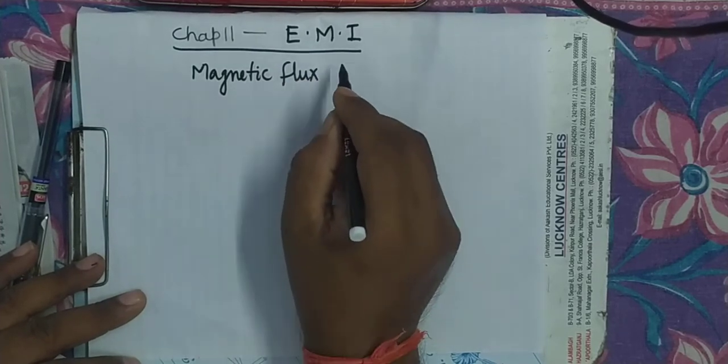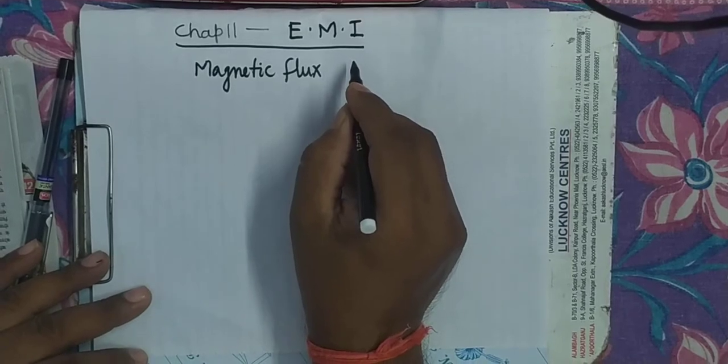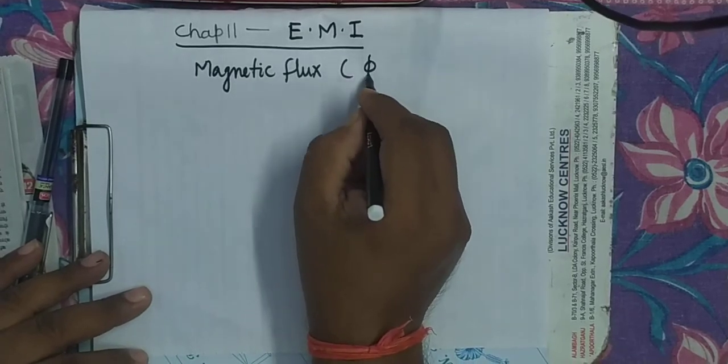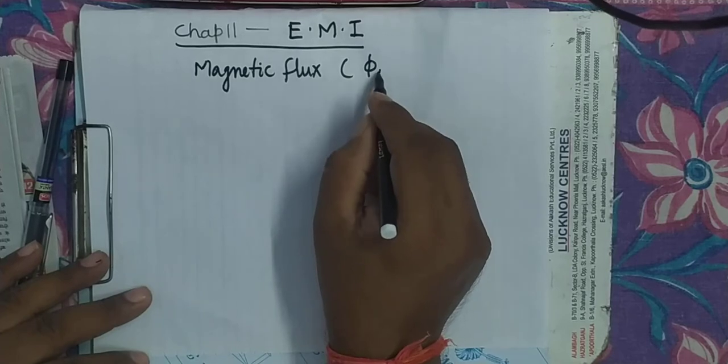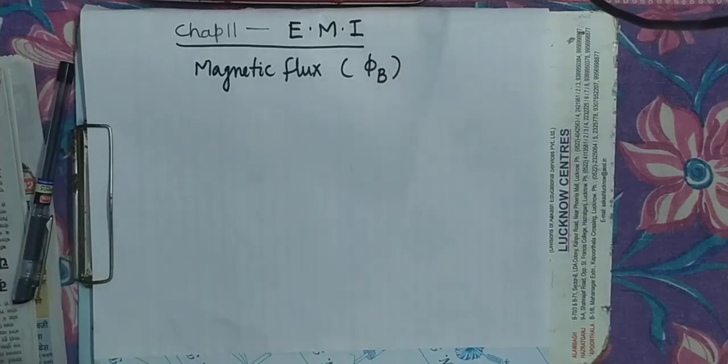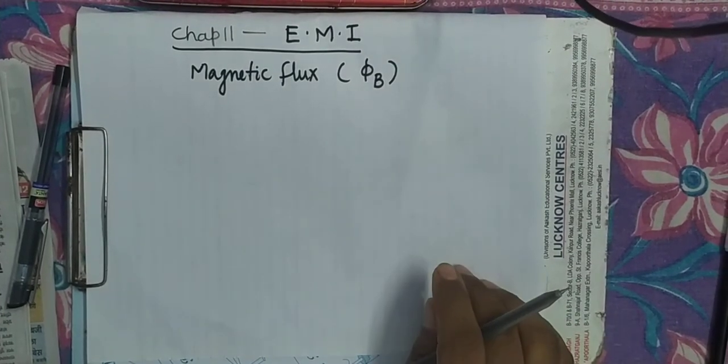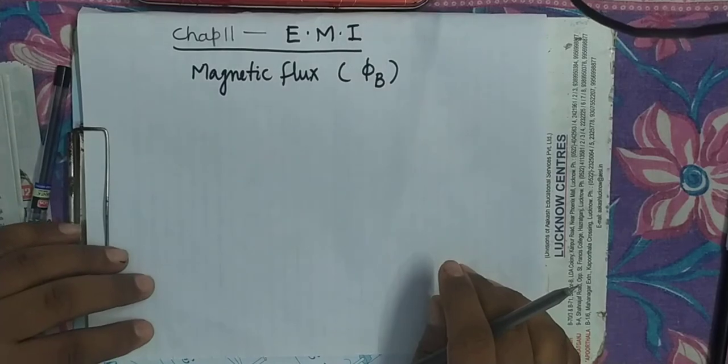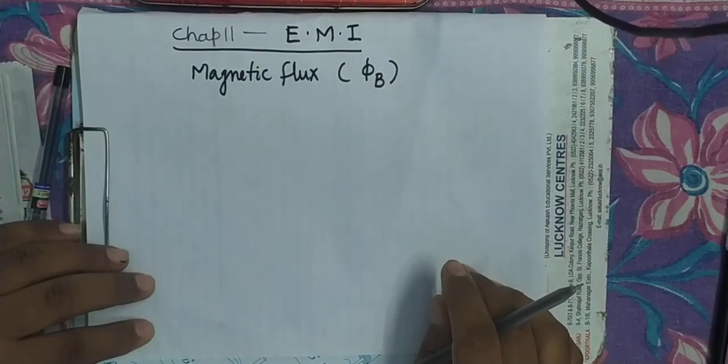It is denoted by the symbol phi B, just like the electric flux. As you know, how do you calculate the electric flux? It is the amount of electric lines of force which pass through a given surface perpendicularly.